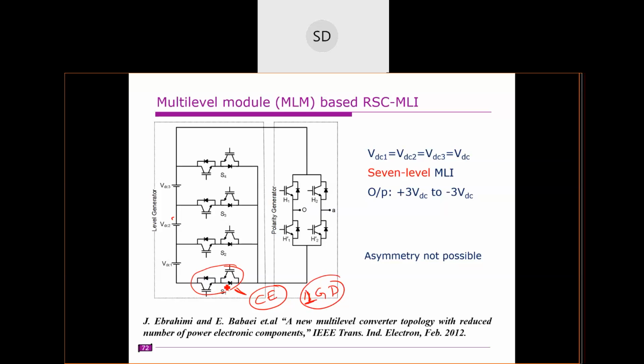So that is the advantage. And moreover, only one switch is conducting. For example, if you want 3 VDC, either this diode will conduct or this switch will conduct.